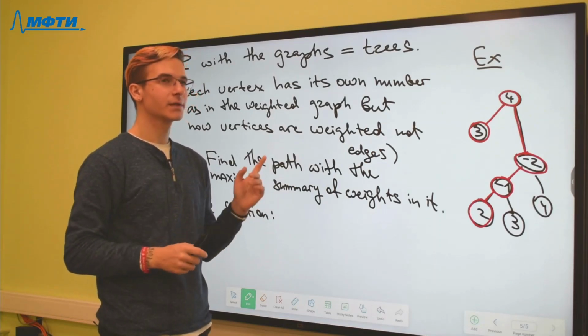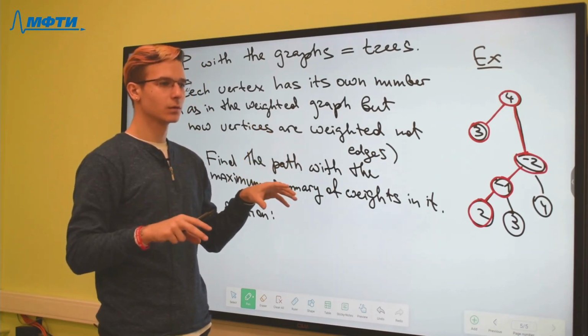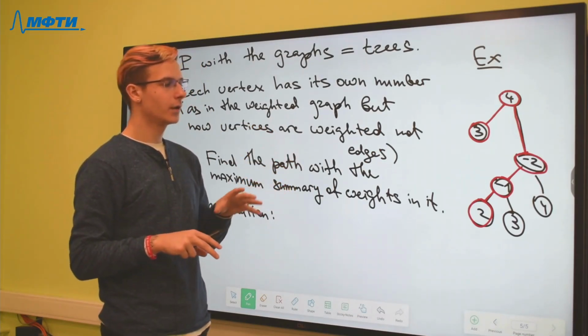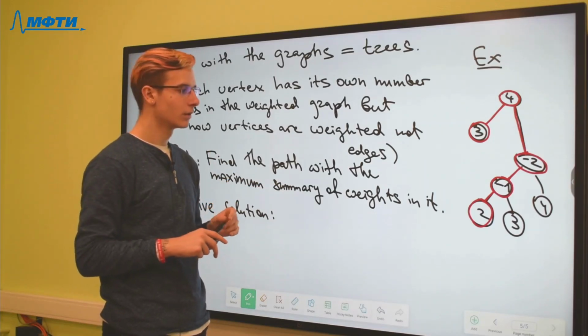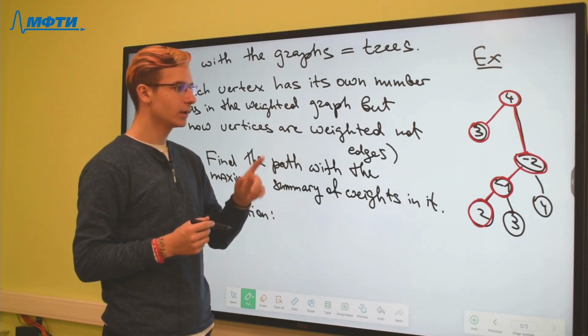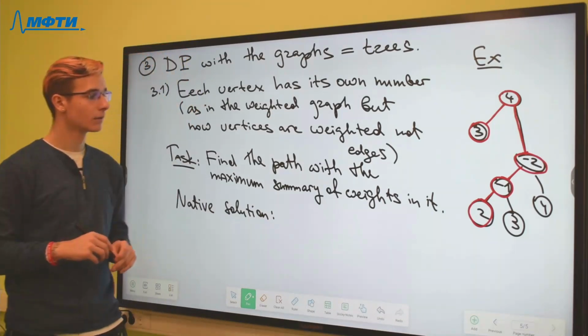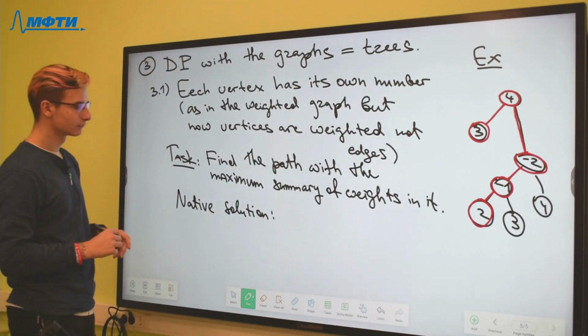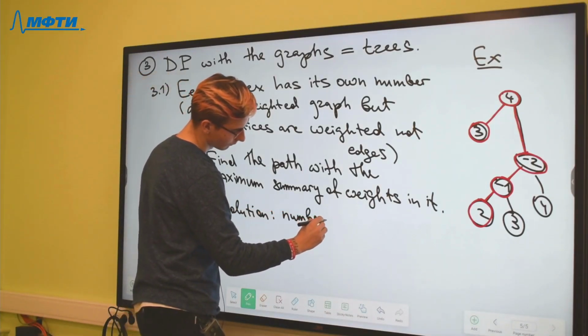We know that in the tree, between two vertices, there is only one way. And so, how many paths in this graph? N to the power 2 minus 1?